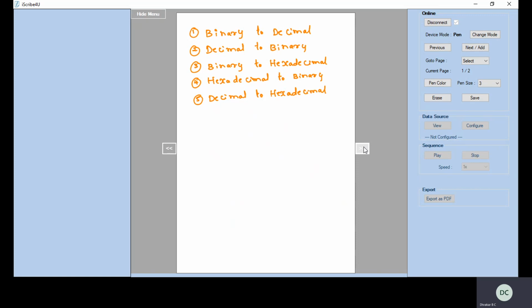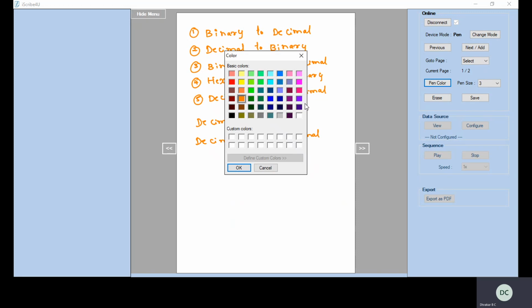So now first let us take decimal to binary and decimal to hexadecimal, that is, to convert the given decimal number to binary and to convert the given decimal number to hexadecimal.